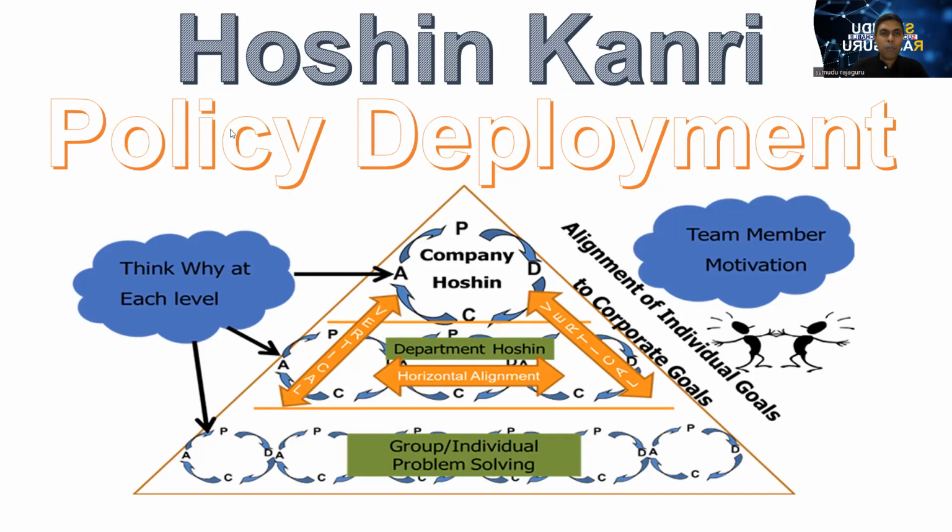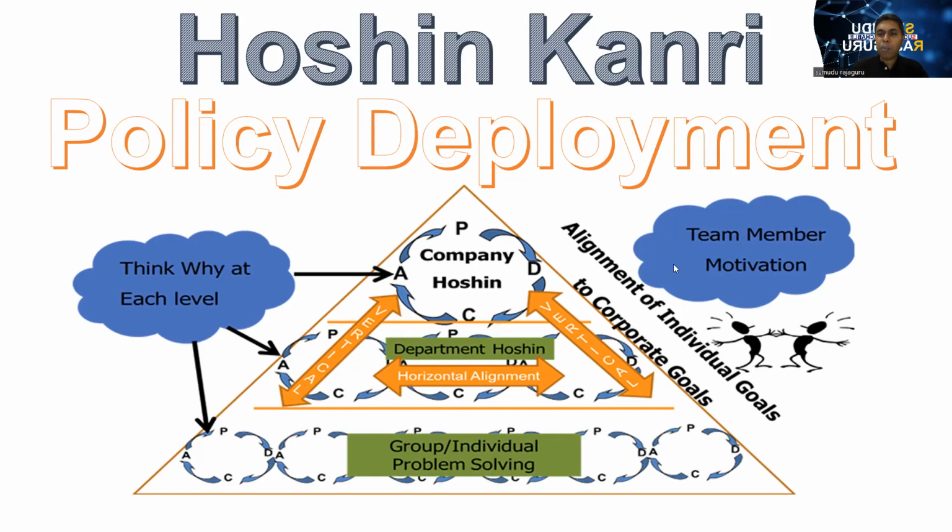That means when we create the Hoshin Kanri, it will link the organization's goals into the department-wise goals, and it will go deep down to the personal goals. And also there is a vertical alignment and a horizontal alignment.